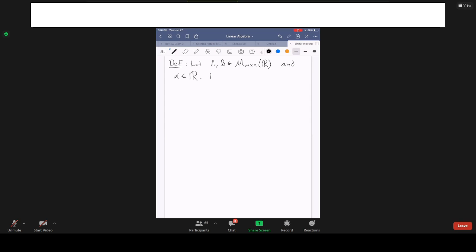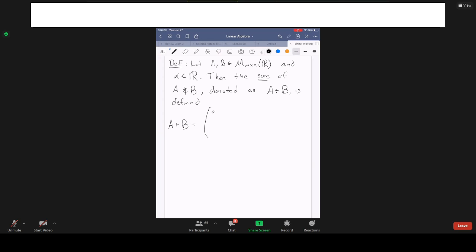So then the sum of A and B is exactly what you would think, right? It is denoted as A plus B, and is defined like this. So you take A plus B, and you literally just add component-wise, right? All the entries, you just add them individually.